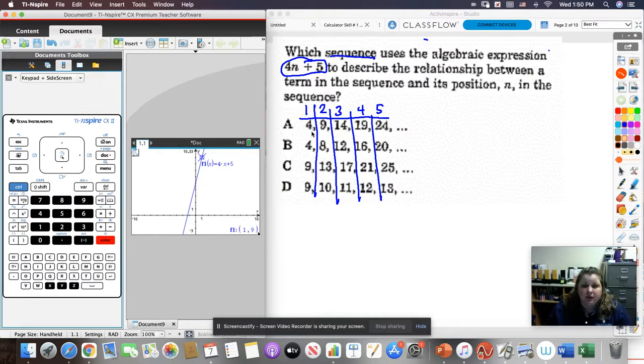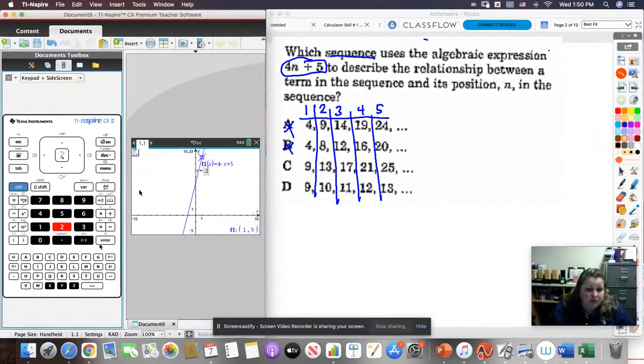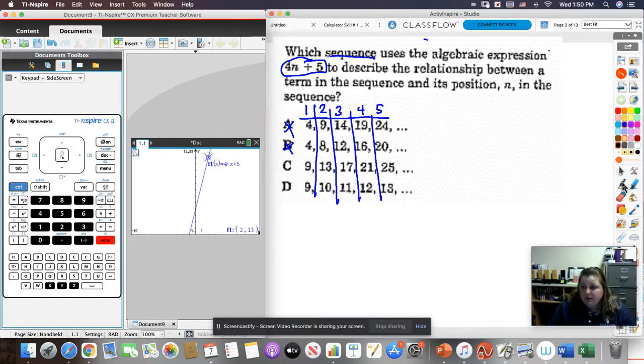So 1 does not output 4, so A and B are out. Then input of 2, output of 13. So it looks like C is the correct answer because D says output is 10. Then I can just double check. 3 should be 17. 4 should be 21. And 5 should be 25.